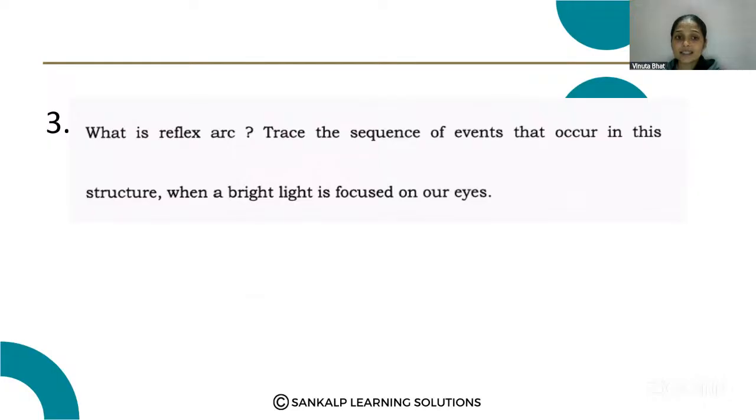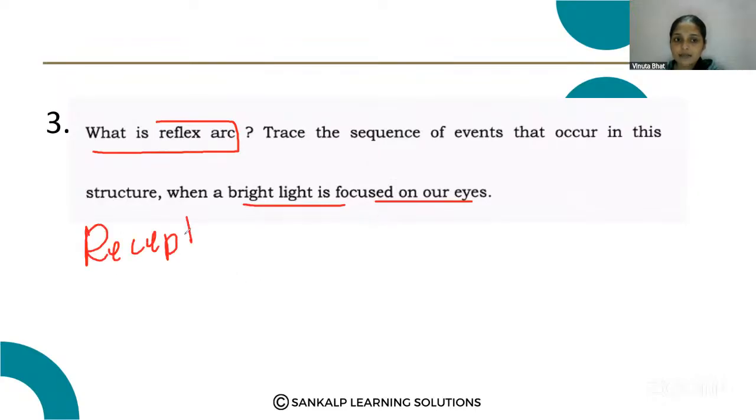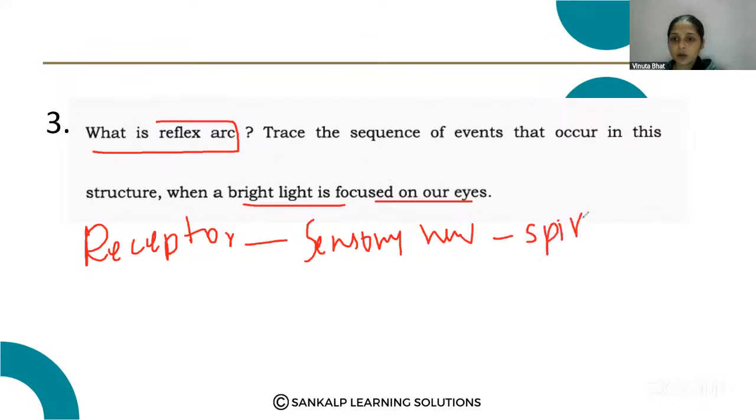What is a reflex arc? Trace the sequence of events that occurs in this structure when a bright light is focused on our eyes. Here you have to define the reflex arc. Then, when a bright light is focused on our eyes, receptors in our eyes receive the light and transmit the impulses through the sensory neuron to the spinal cord.